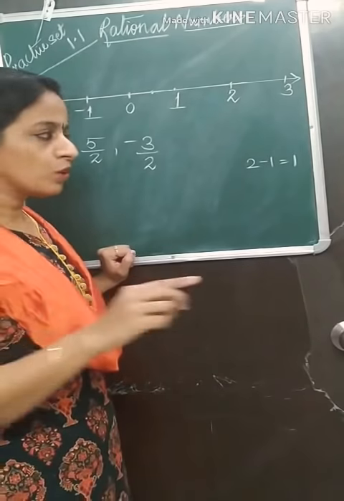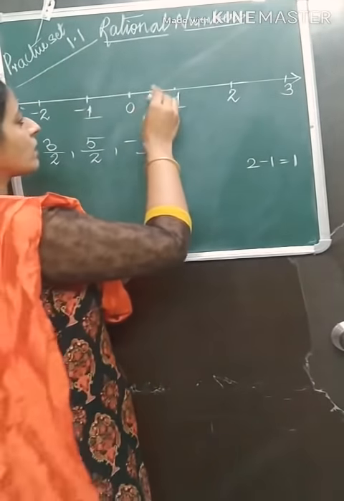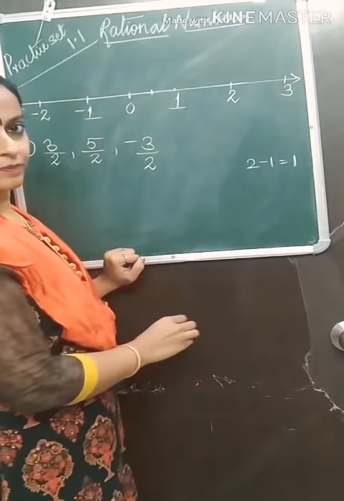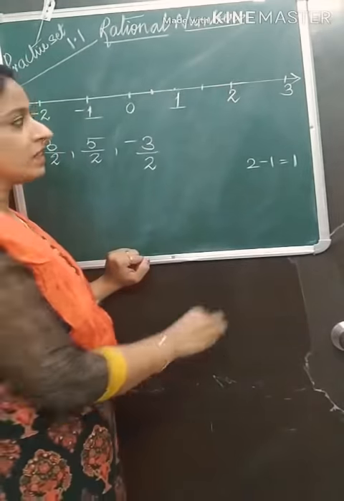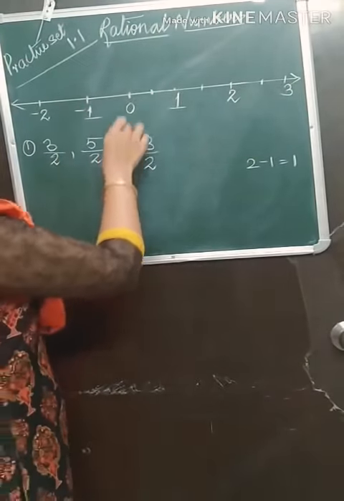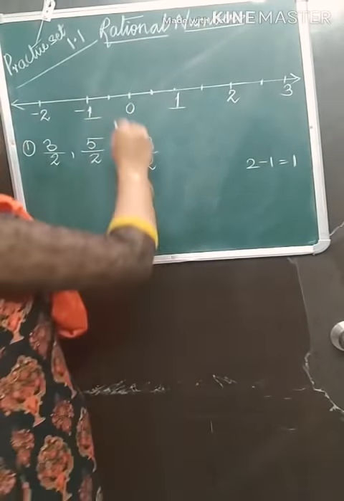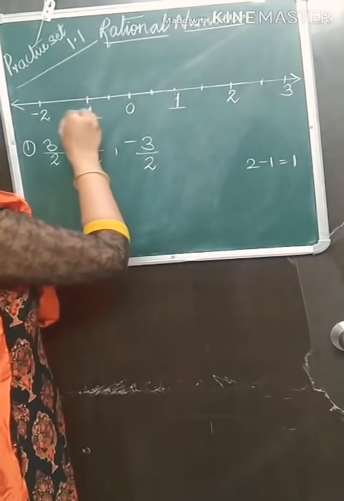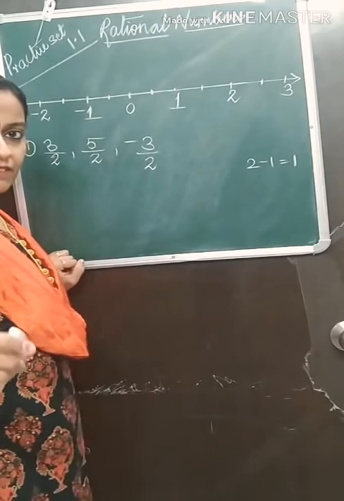The denominator is 2, and 2 minus 1 means 1, so we divide it into 2 parts by putting 1 dot. Same way on the left side, divide 0 to minus 1 into 2 parts by putting a dot, and minus 1 to minus 2, 1 dot. Understood?